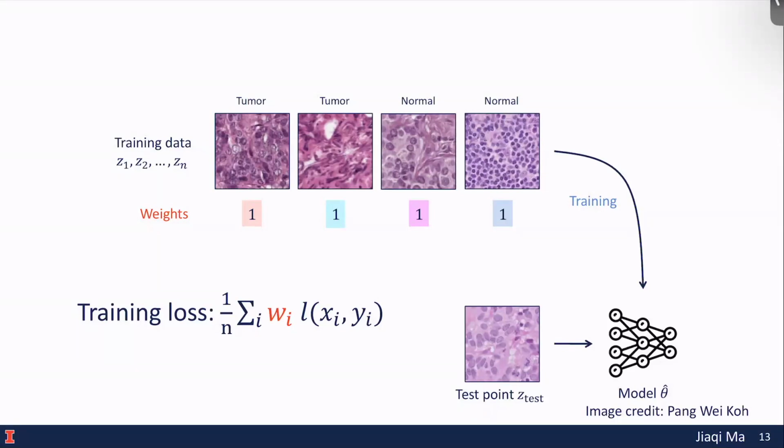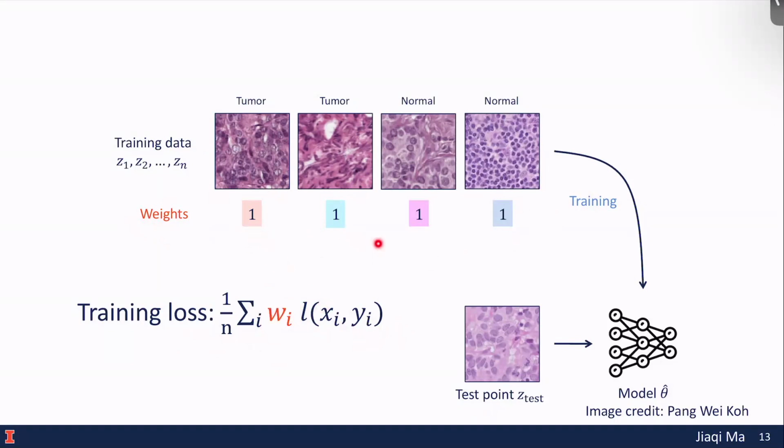To briefly get a sense of what this approximation is doing, let's first introduce weights on each data point. Instead of using the original, for example, average loss on all training data points, we insert one scalar weight for each training data point.